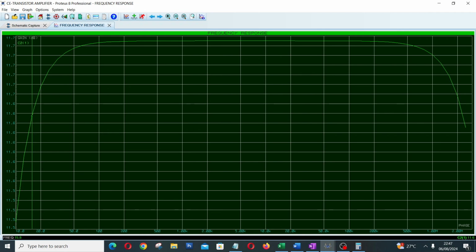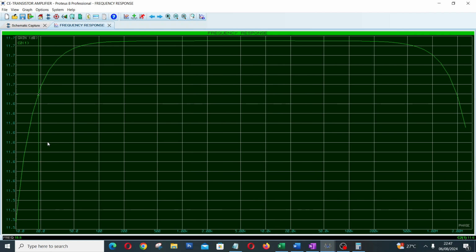It was 11.7, that's the highest. The moment the value changes to 11.6, that is our lower cutoff frequency. So what is the frequency that corresponds to that? 18.8 Hz.